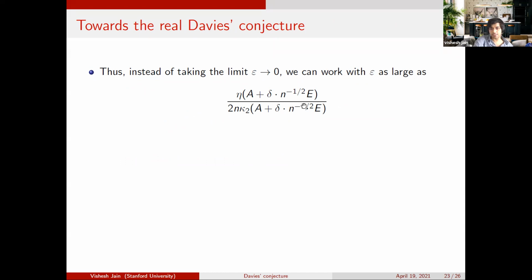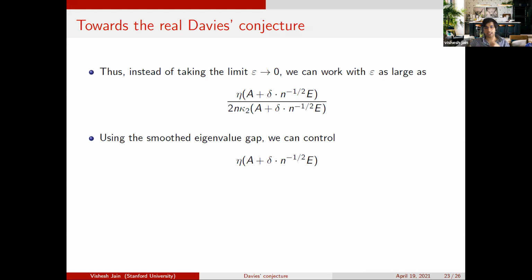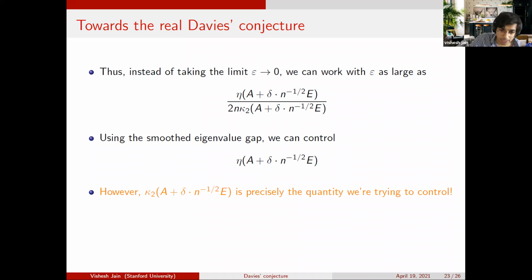The top quantity is the eigenvalue gap for the perturbation, and this is not so bad, right? This is what Gerst's thesis is telling us: the eigenvalue gaps are going to be inverse polynomial for the perturbations with high probability. The really bad thing is that the other quantity which shows up is the 2 norm of this eigenvalue condition number quantity, and this is exactly the quantity that we're trying to control, right?